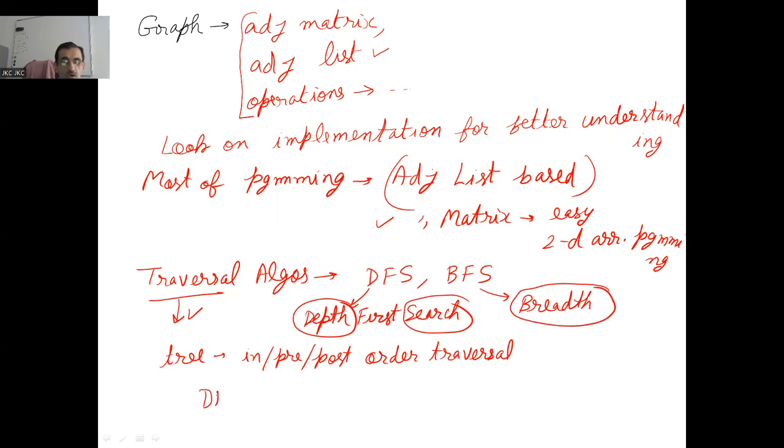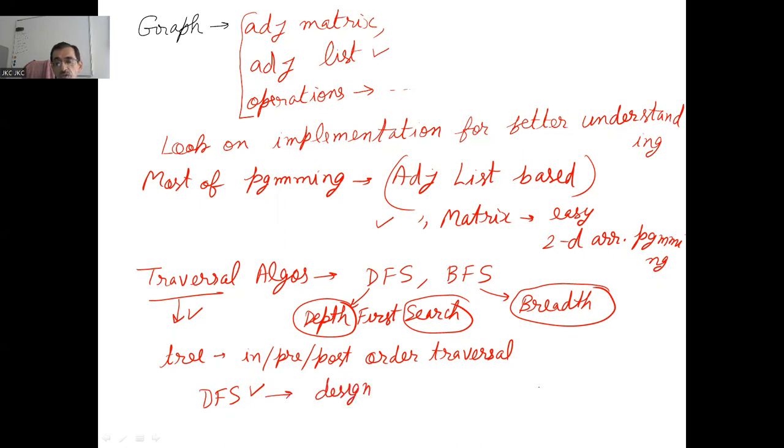Today, we are going to talk of DFS, and next class, we will talk of breadth first. Today, I'm going a bit slow. I'm giving you time so that you can grasp and start working on graphs. Otherwise, DFS and BFS can be covered in one lecture also, but I'll cover DFS today. We are going to understand and design DFS today.